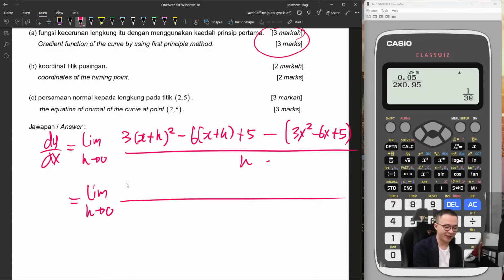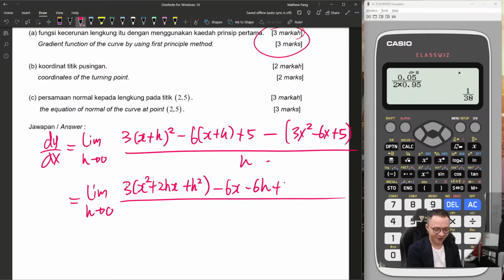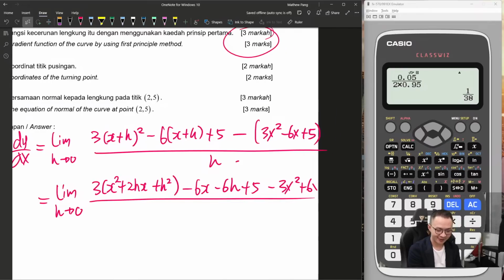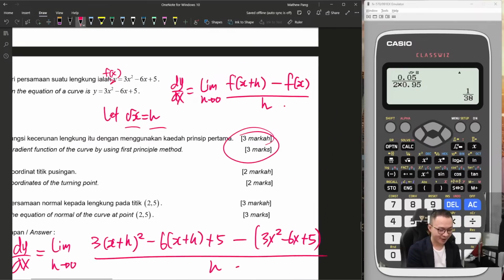A lot of explanation. Waste my time. Okay, don't say waste my time, I think this is the learning curve. Expanding: 3x squared plus 6hx plus h squared minus 6x minus 6h plus 5 minus 3x squared plus 6x minus 5, all over h. Am I copying the thing wrongly?